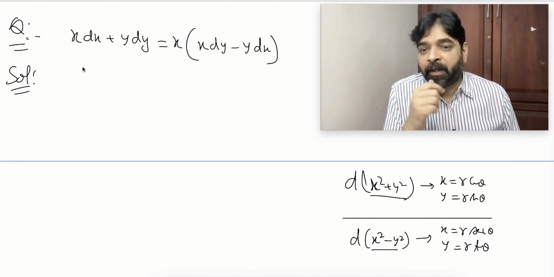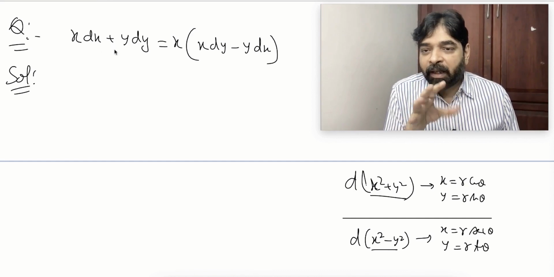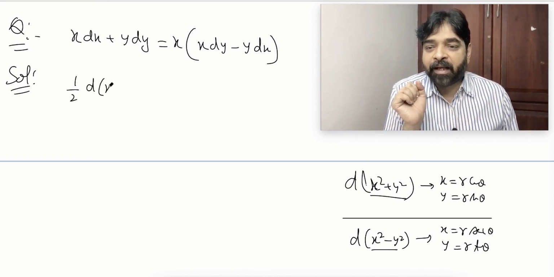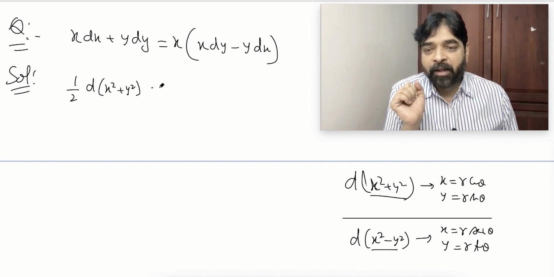Okay. Now let's think what this is. This is half d of x square plus y square equal to, what is this?